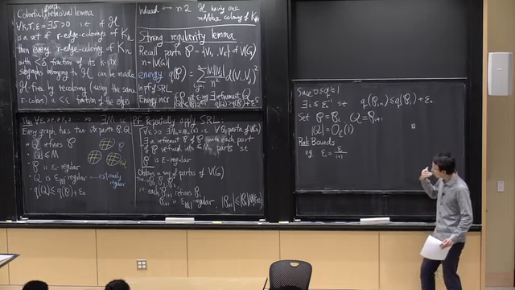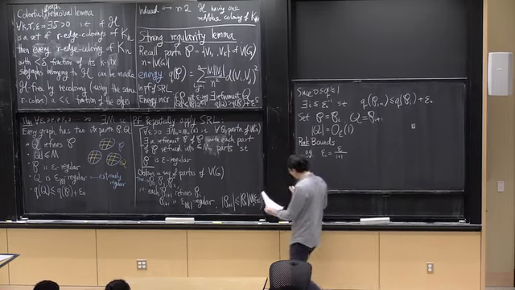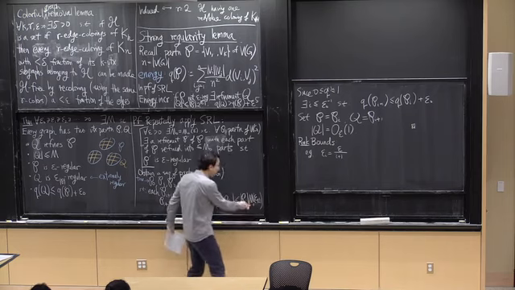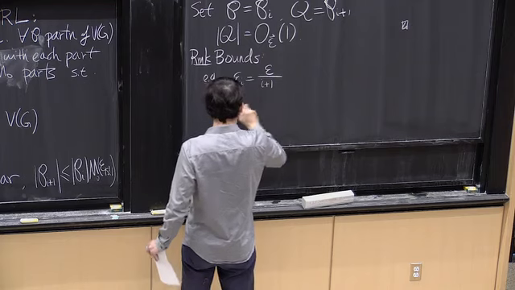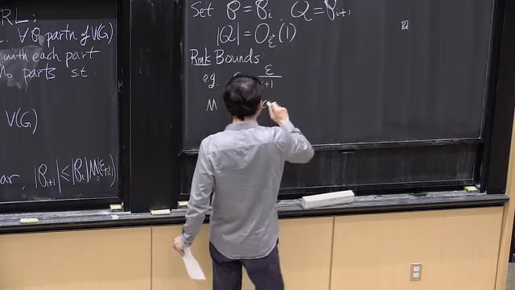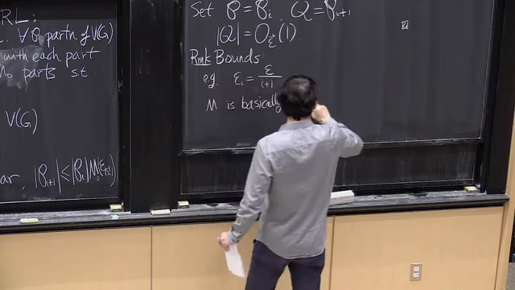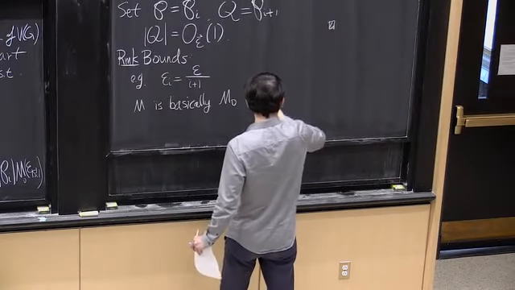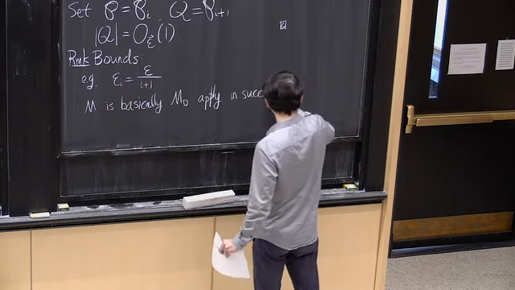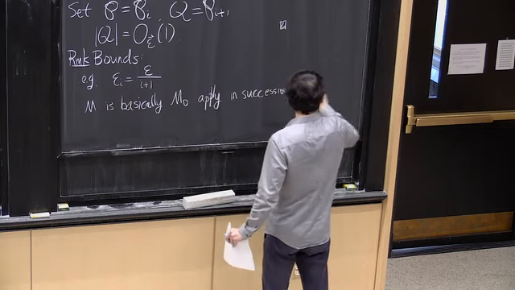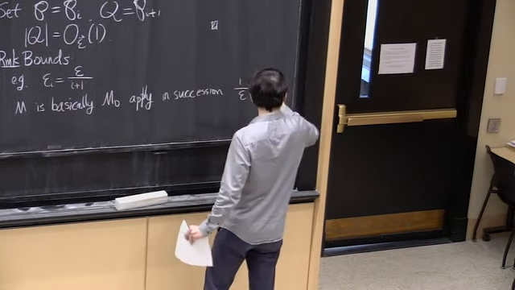Basically what happens is that you are applying this M0 bound in succession 1 over epsilon times.